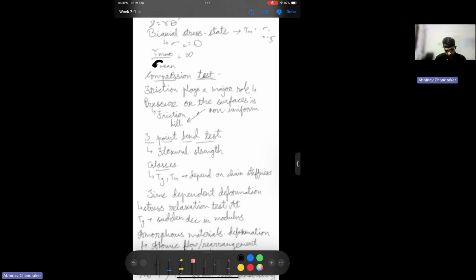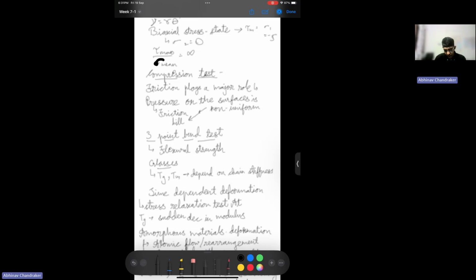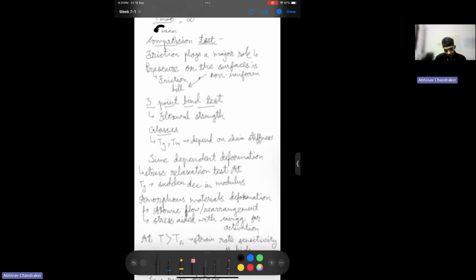Then we have compression test. Here, friction plays a major role while the compression is happening, and it affects the properties you measure. And due to this friction at the surfaces at top and bottom, you have some non-uniformity. So even over the cross section of the specimen, you will have non-uniformity of pressure.